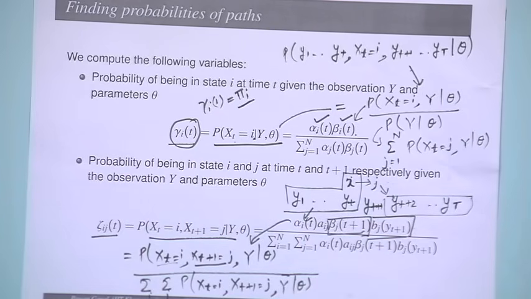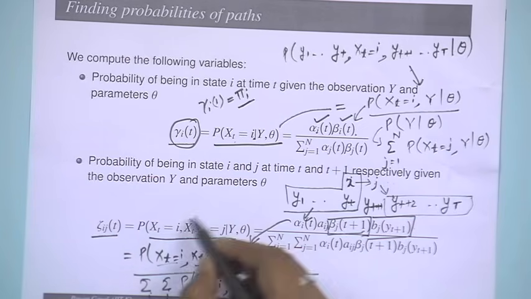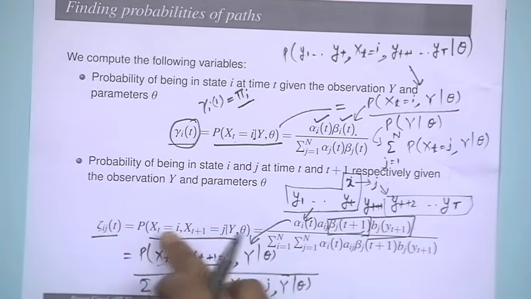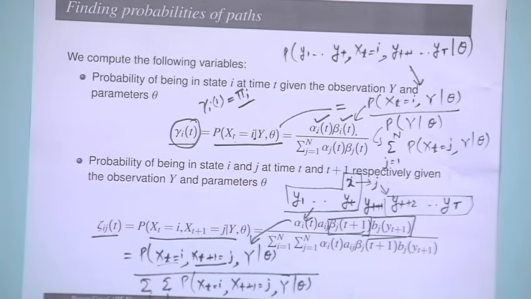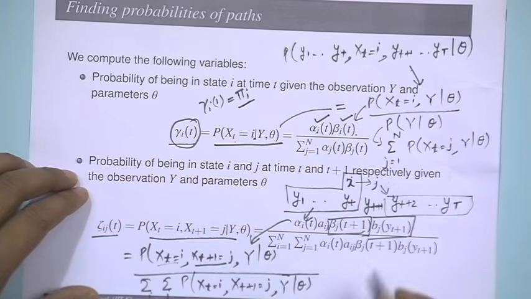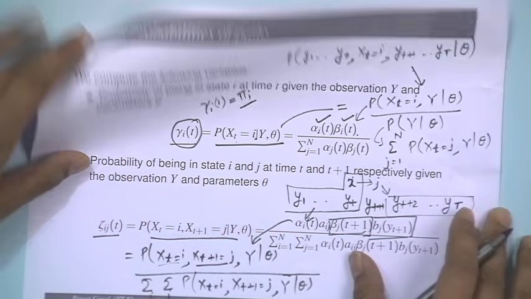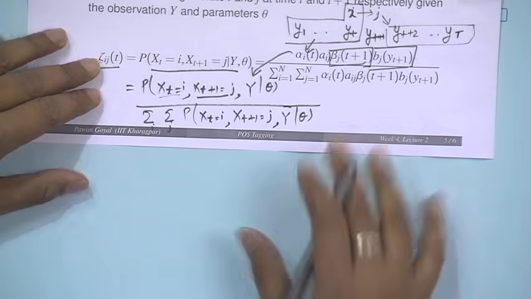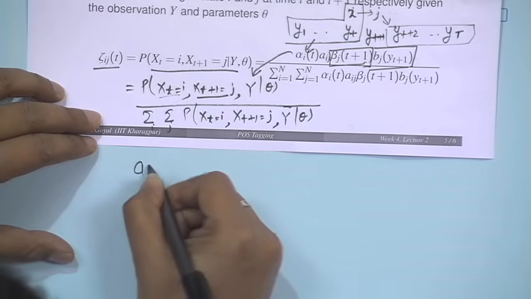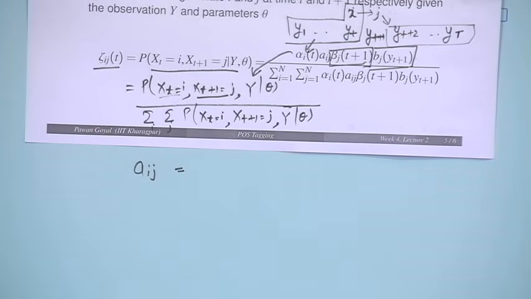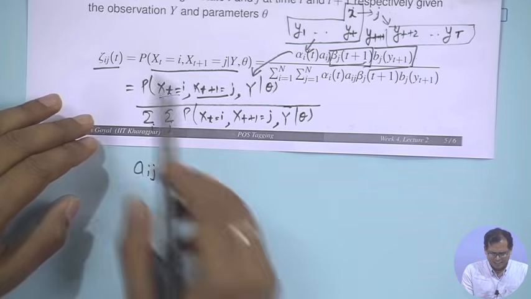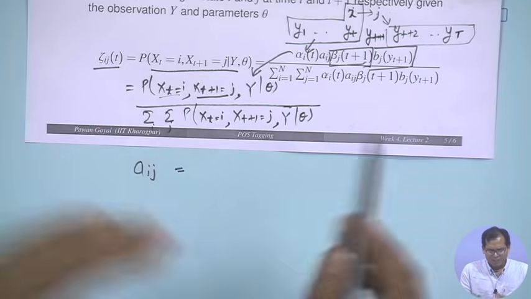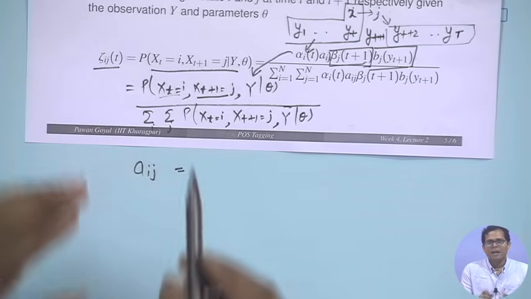Next thing I have to estimate is the transition probabilities. Probability of going from state i to state j. Now, I have computed this. So, how do I compute my aij? Aij would be, at all possible times, how many times you are having the sequence i and j.